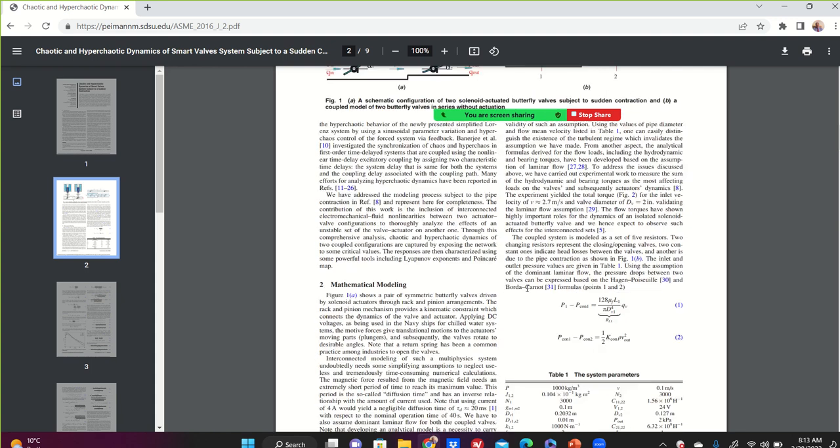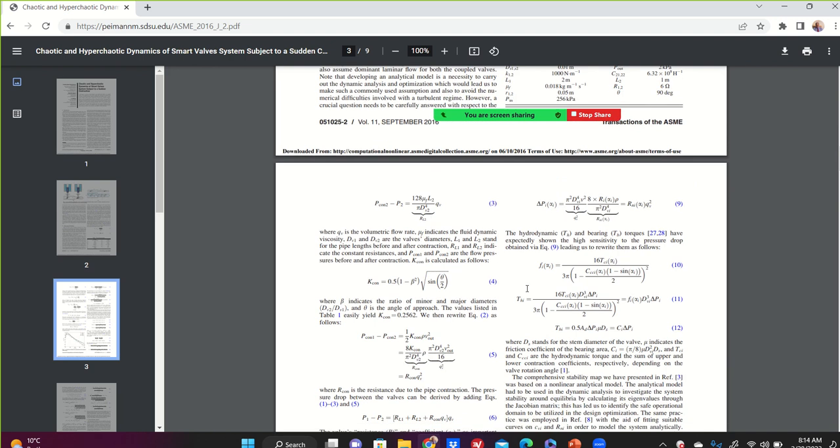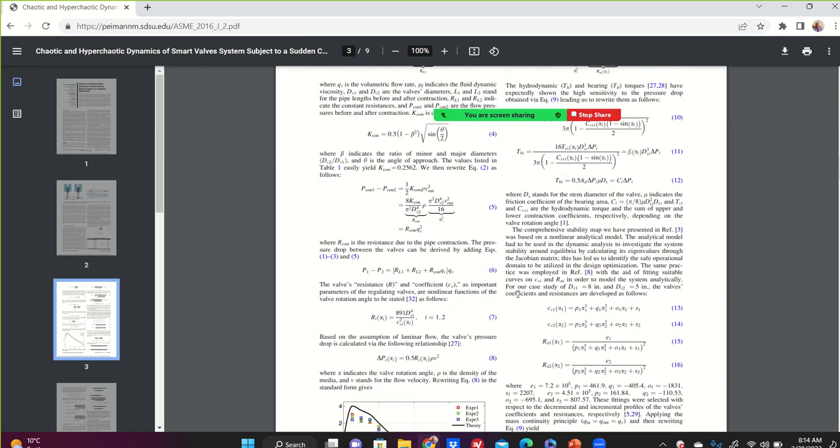Let me show you. I modeled the valves as the resistors R1 and R2, which are functions of the angle of the valves.